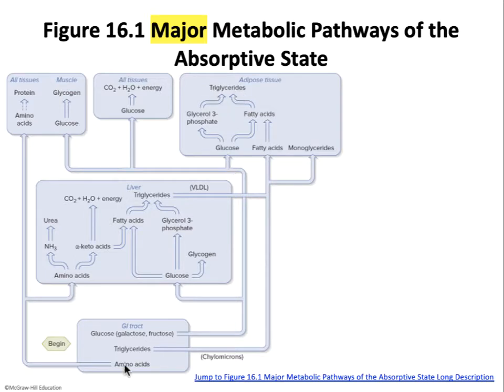Amino acids, likewise, once absorbed, are delivered to 2 general locations. One are all the tissues of the body, where those amino acids are converted through translation into proteins. And they're also delivered to the liver, where the nitrogen component is pulled off and made into urea.